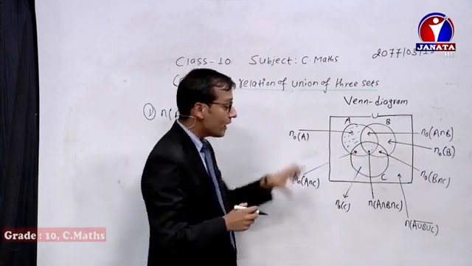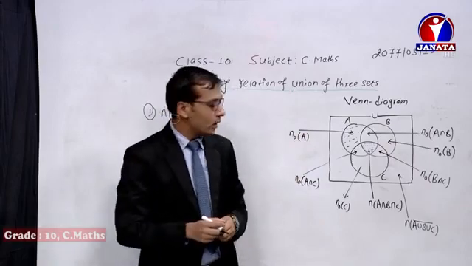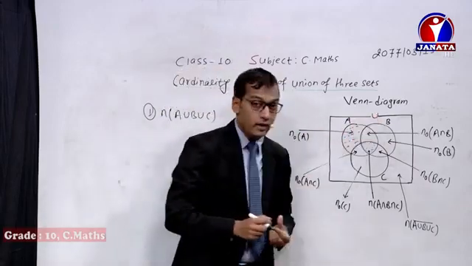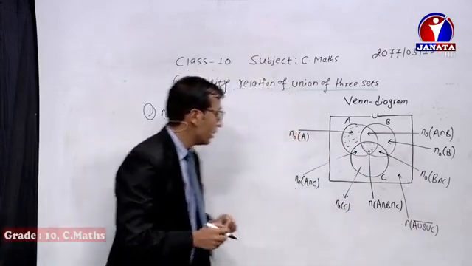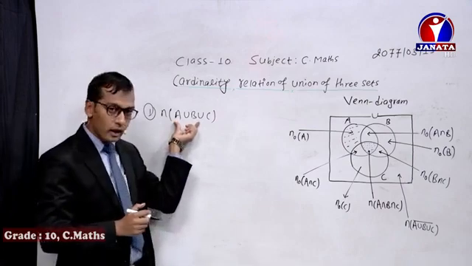There are a total of 8 different regions in the universal set, but the complement does not belong to n of A union B union C.